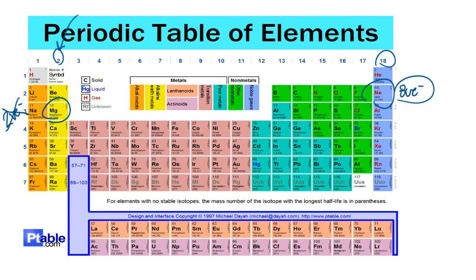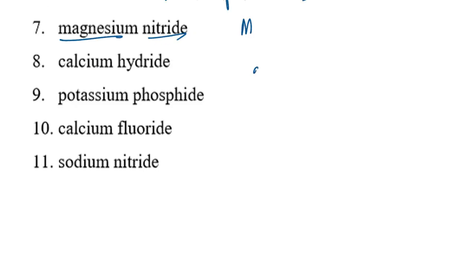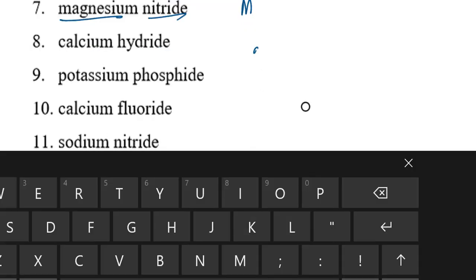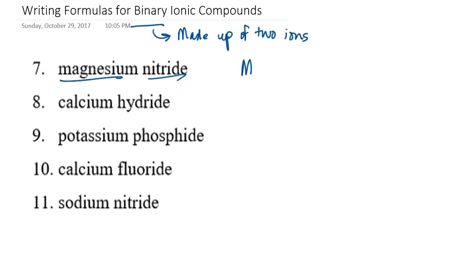And so as a result, magnesium will lose these 2 valence electrons and become a positive ion, or a cation. So that means that my first ion is magnesium 2+. So this should be magnesium 2+.